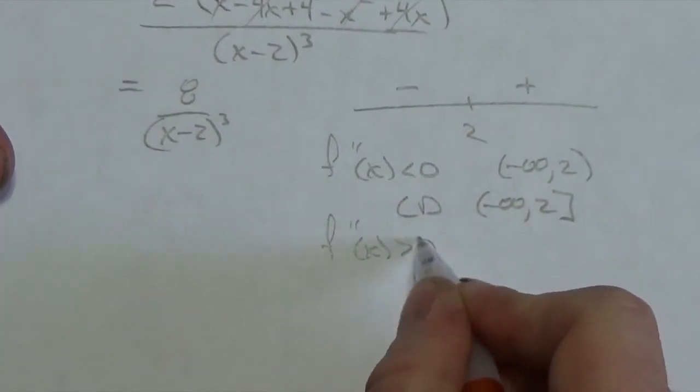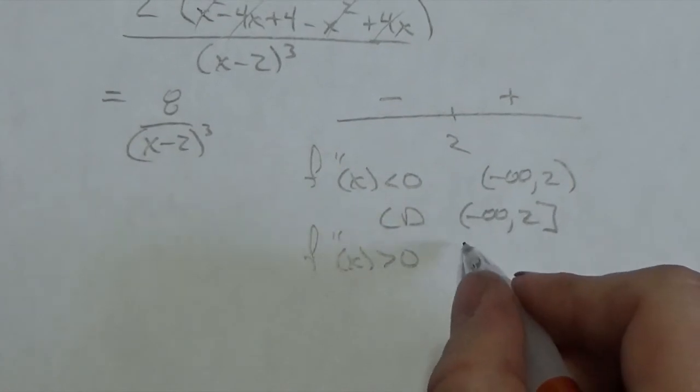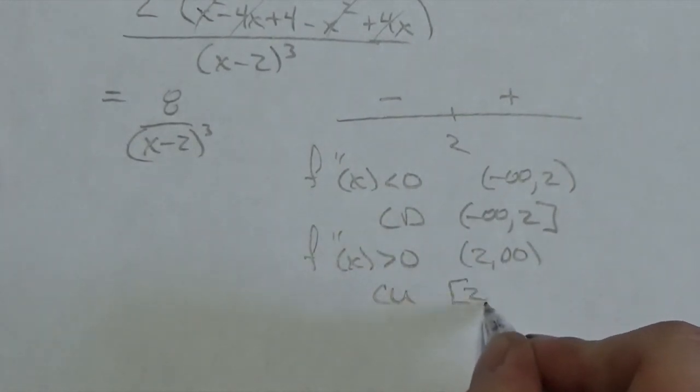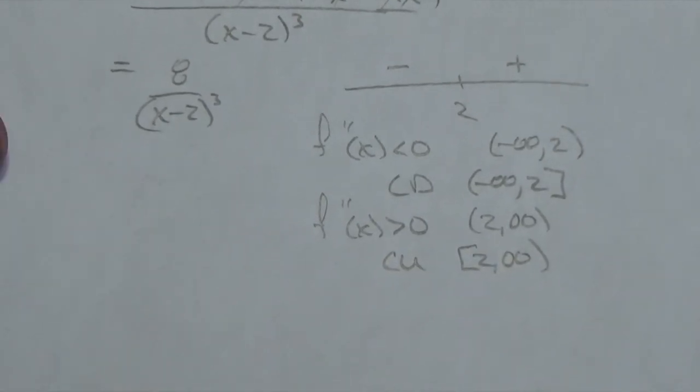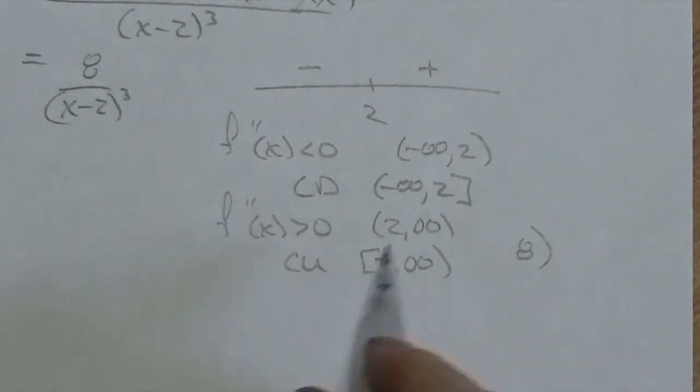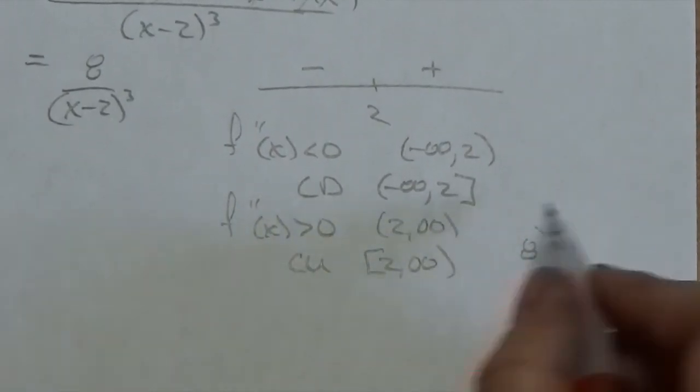The second derivative is positive on the interval 2 to positive infinity, which means it's concave up from 2 to infinity.